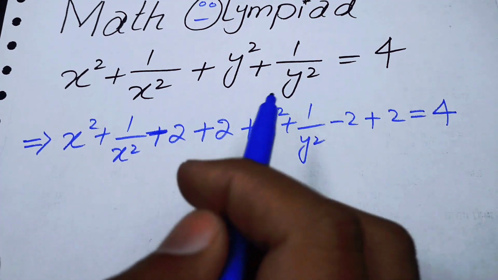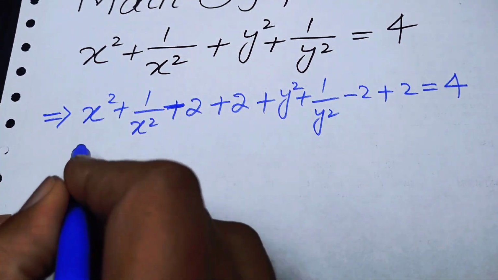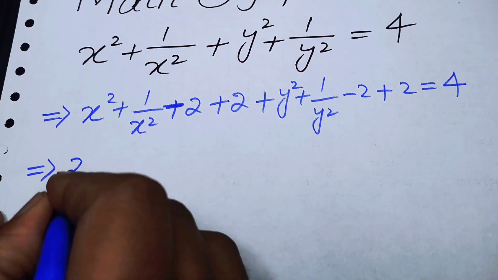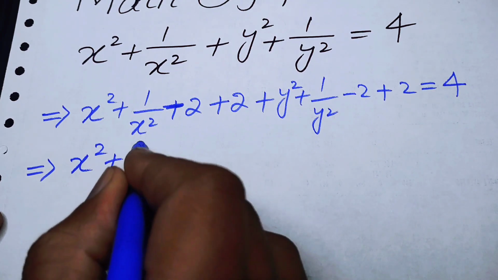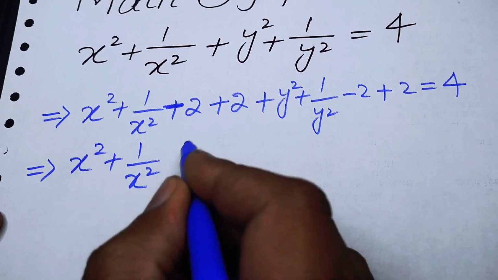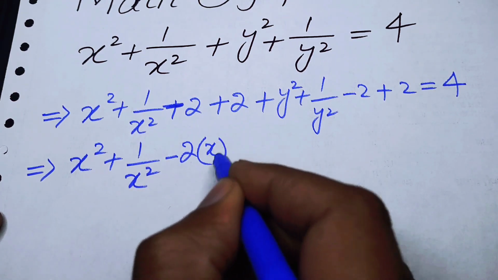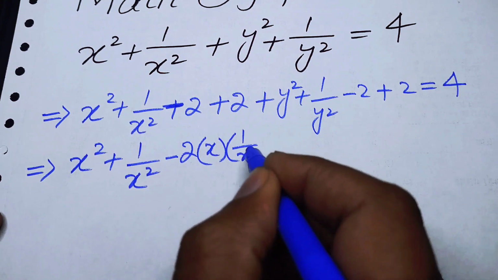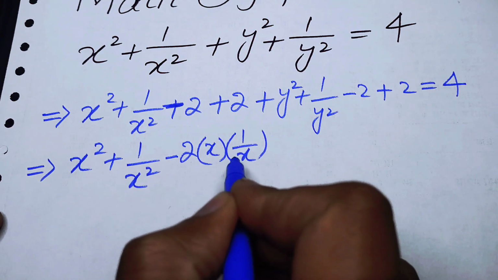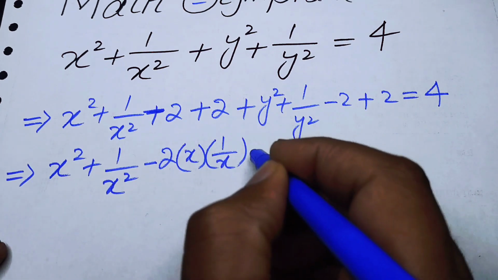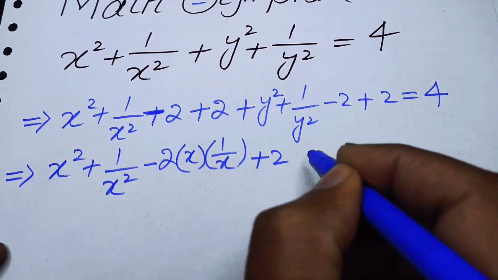After that, I will simplify this term a little bit and write this minus 2 as minus 2 times x into 1 over x, and you know that this x is gone and you will obtain only minus 2, and I will write this plus 2 as it is.